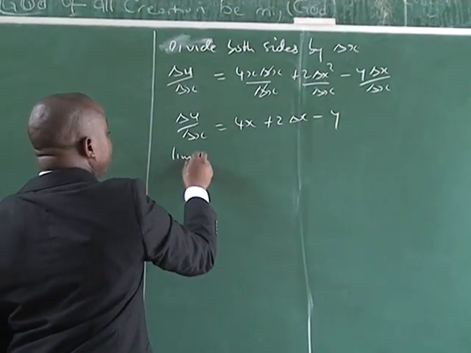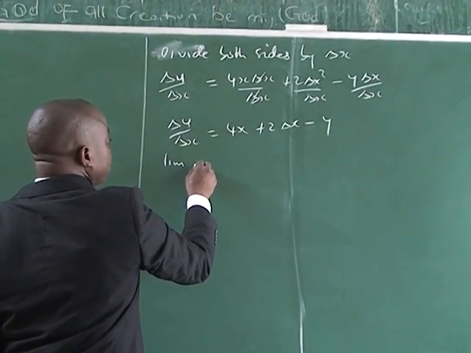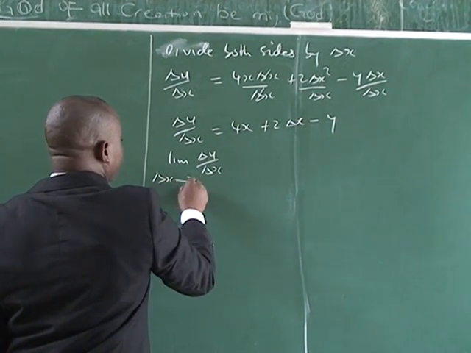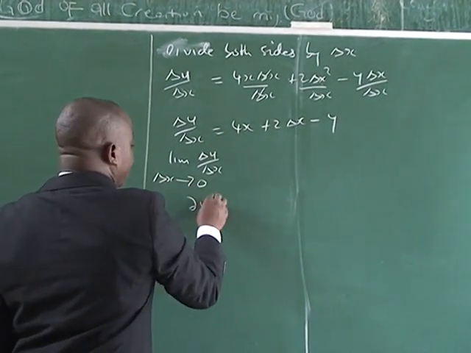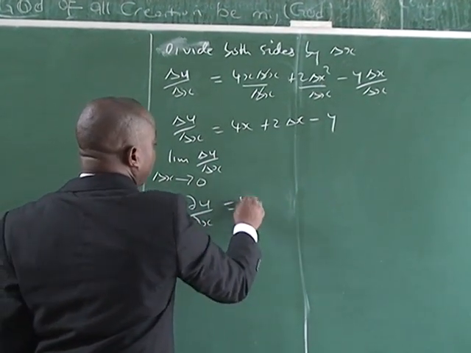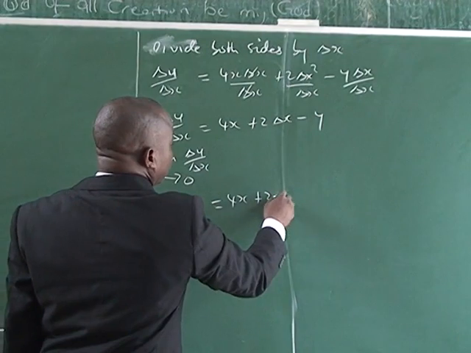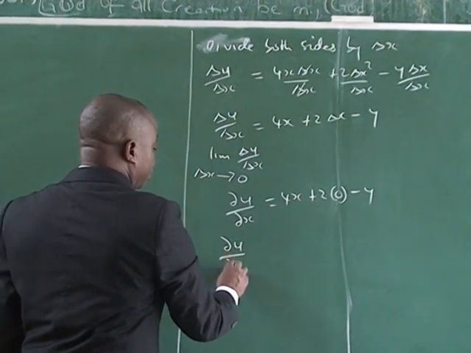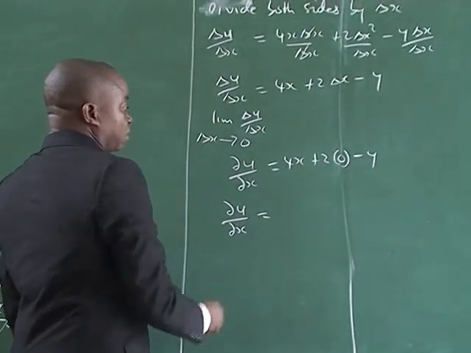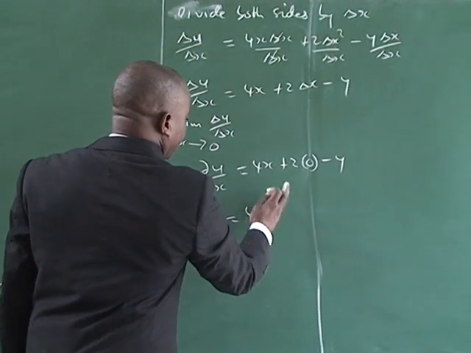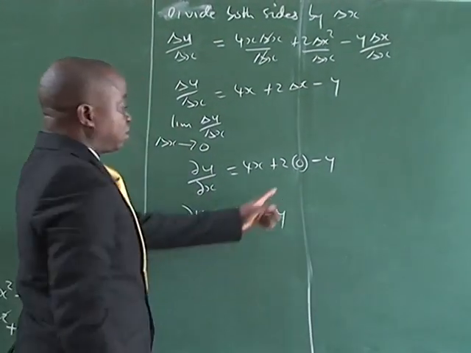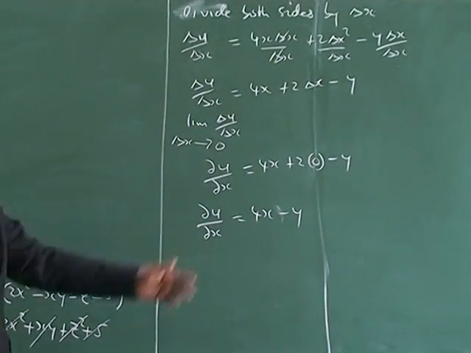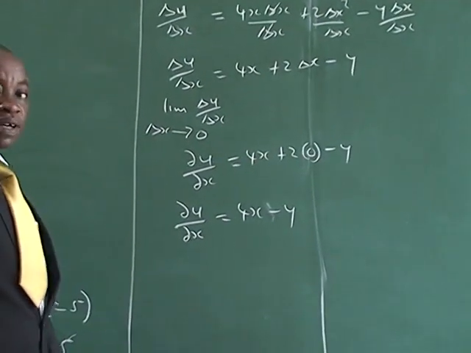Now, taking the limit as change in x approaches 0, partial u, partial x will be equal 4x plus 2 of 0 minus y. So 4x minus y. So that is partial u, partial x, giving you 4x minus y.